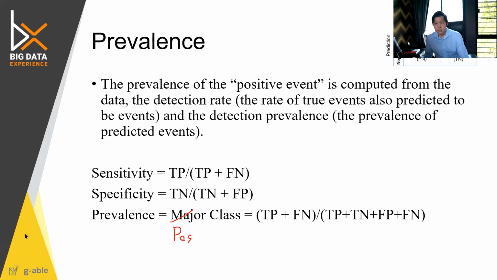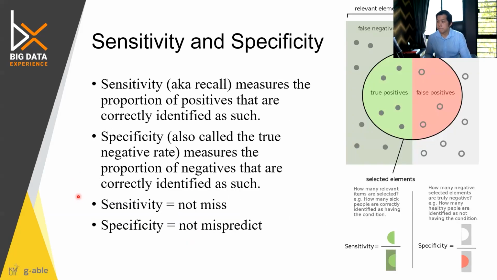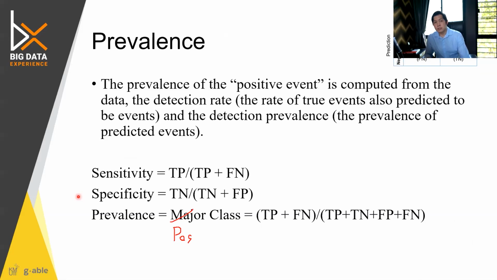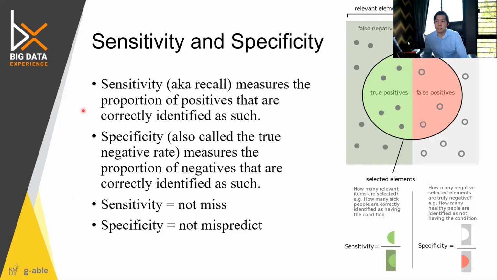And there are other measurements. These are sensitivity and specificity, right? What are they? Let's look at similar illustrations as in precision and recall. Sensitivity is the proportion of positives that are correctly identified.